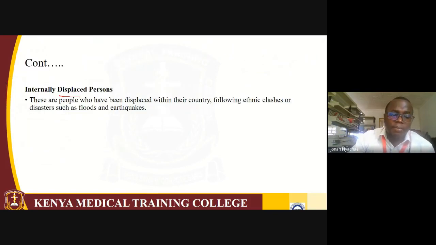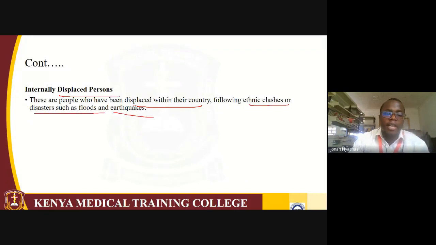The internally displaced persons are people who have been displaced within their country. It could be following ethnic clashes or disasters such as floods and earthquakes. This has been happening all year round within our country. You go to Budalangi in Busia, people have been displaced because of the surging waters of Lake Victoria, which break the dikes.